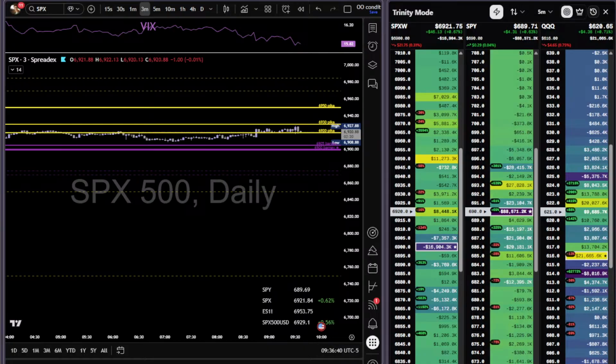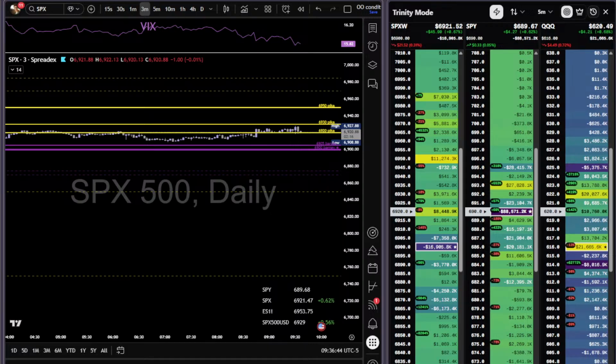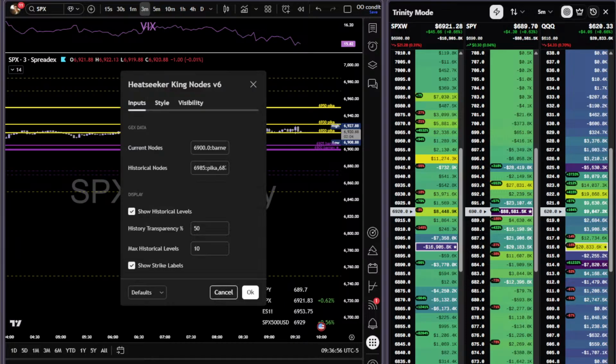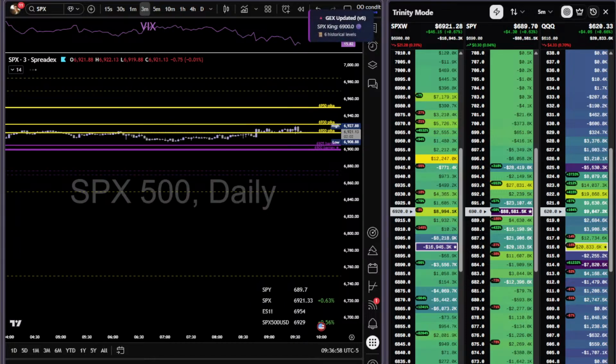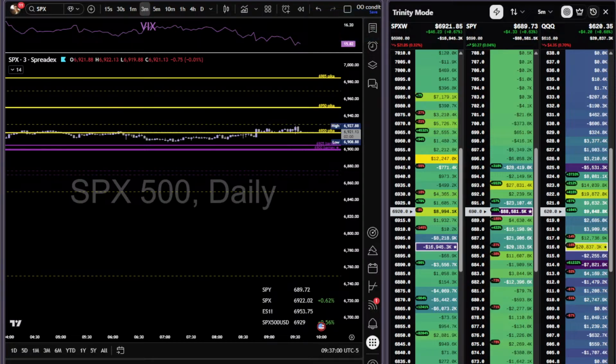Alright. 620 is now growing nicely. I don't know if that'll give us a bounce, but we'll see. Alright, 621 became bigger than 620. Lost a little bit.